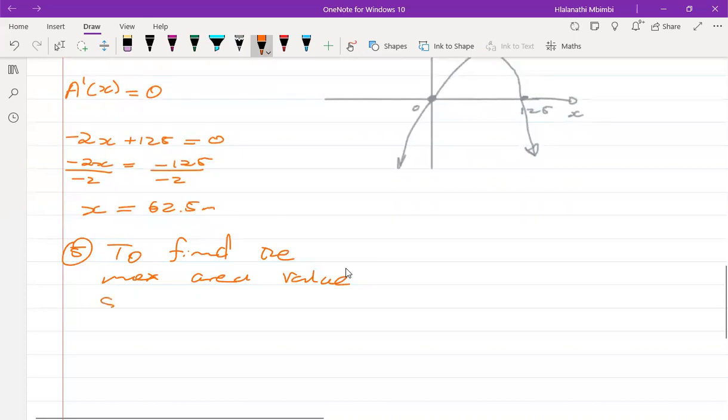By substituting into the area equation that you had.